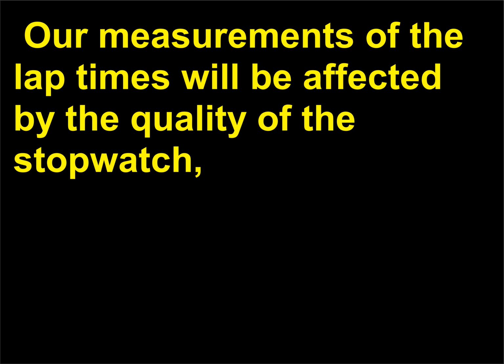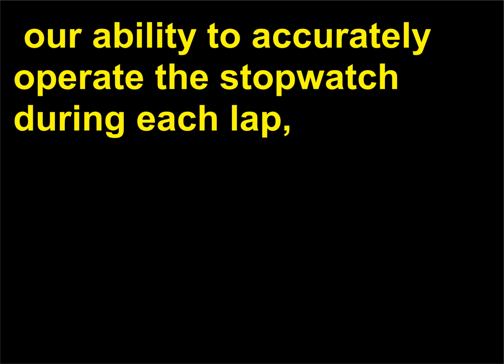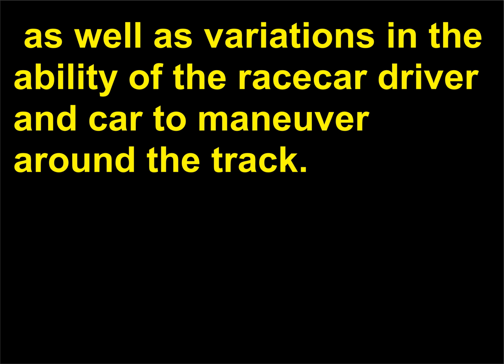Our measurements of the lap times will be affected by the quality of the stopwatch, our ability to accurately operate the stopwatch during each lap, as well as variations in the ability of the race car driver and car to maneuver around the track.